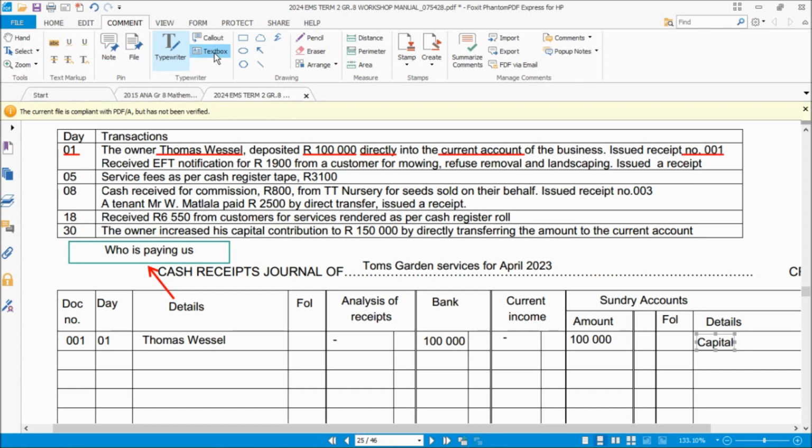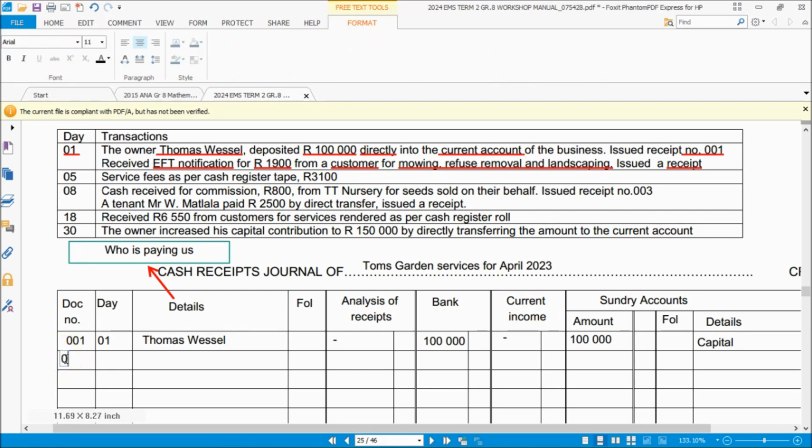So I've got a second transaction here taking place. Says received EFT notification for 1,900 from a customer for mowing, refuse removal, landscaping. Issued a receipt. Okay, we're not given a receipt here, so we have to create our own receipt in sequence. Following the previous number, which is 001, I'll have here 002.